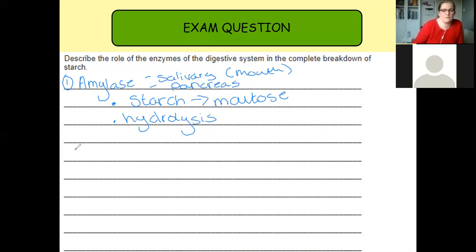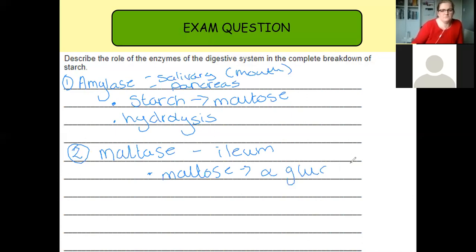Then the second enzyme we have is maltase. Maltase is found in the ileum. What does maltase do? Well, maltase breaks down maltose into alpha glucose.